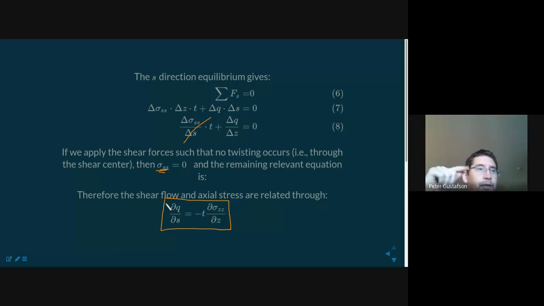So if we treat this problem with a superposition thought process, that means that we can compute the twisting separately and ultimately add it back to whatever solution we have now. So that means for all of our bending of thin-walled structures calculations, we can assume that there is no twisting as we formulate our approach, and then we add the twisting in later. So this equation deals with the bending aspects of thin-walled structures, and we don't need to worry about twisting for the time being.